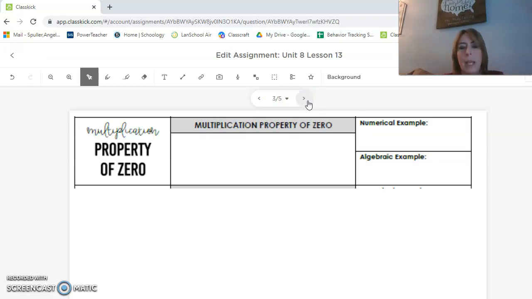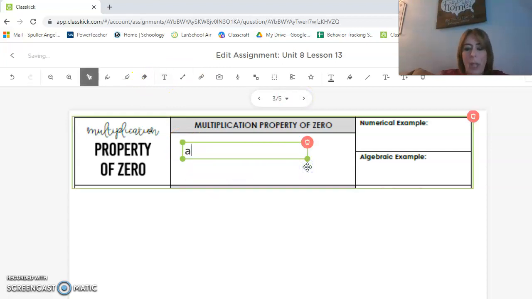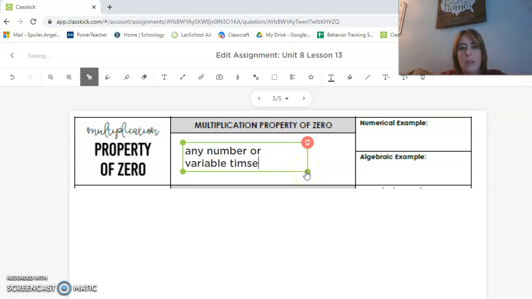Okay, now the multiplication property of 0. So any number or variable times 0 equals 0.